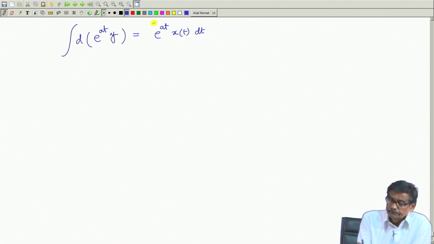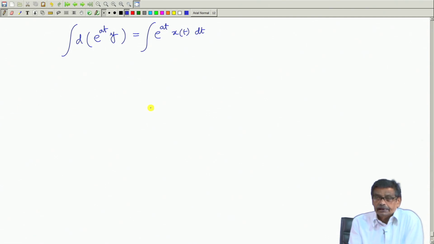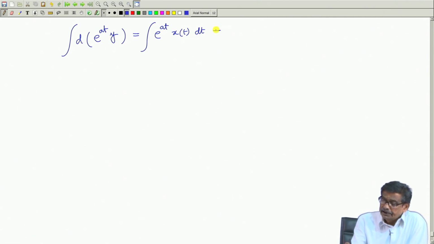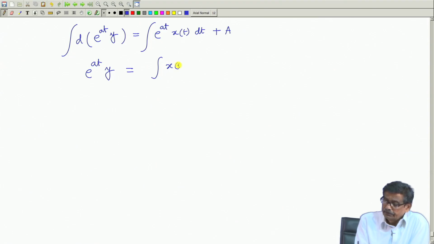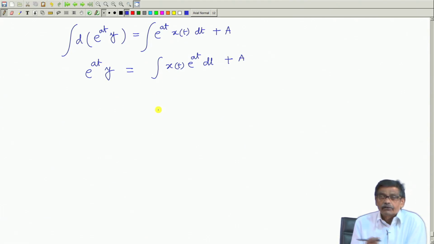The moment you integrate, you generate an integrating constant A. Then the left hand side will be e to the power a t into y is equal to this integration, which can also be written like this, x(t) e to the power a t dt plus A. I am not putting any limits, that is why this integrating constant A has surfaced.